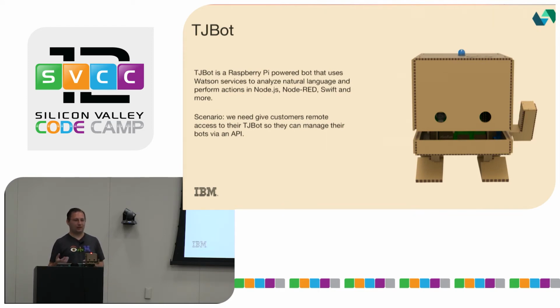So if I said turn the light red, it would understand the intent of turning a light something, and then the entity would be the color red. As a developer, I can train Watson with the intents and entities that I want my application, whether it be a TJ bot or other application, to understand natural language. Question?